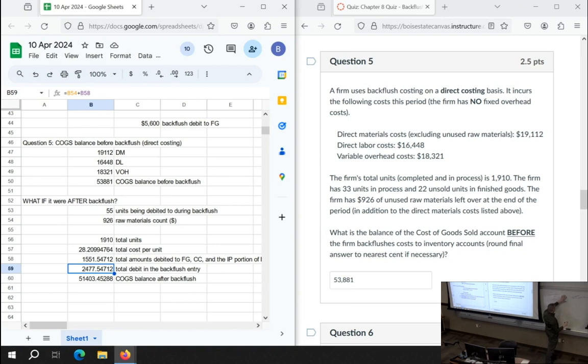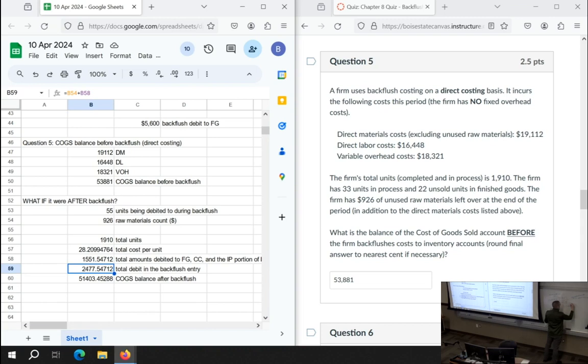But because I don't care about what these two lines are separately, I just need the overall amount we're debiting, because we're talking just about cost of goods sold. I'm trying to get at really how much I'm crediting here. I can just say, well, between these two, I have the raw material count amount, and the total cost for those in-process units, which in this question is 33. And right here, I have the same thing.